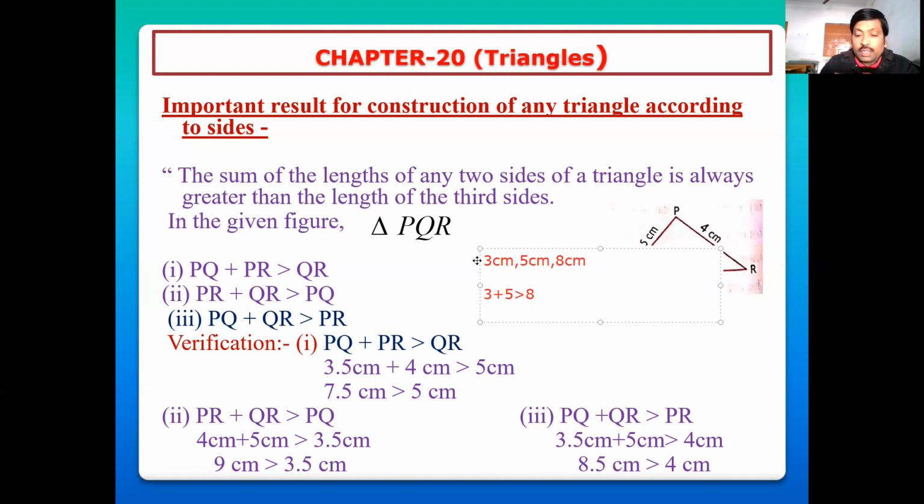But here we see 8 is not greater than 8. It is not possible. It means here 8 is equal to 8. So this condition is not fulfilled. So these are not sides which form a triangle. Okay, boys. So in this way we can construct triangles by using the sides.